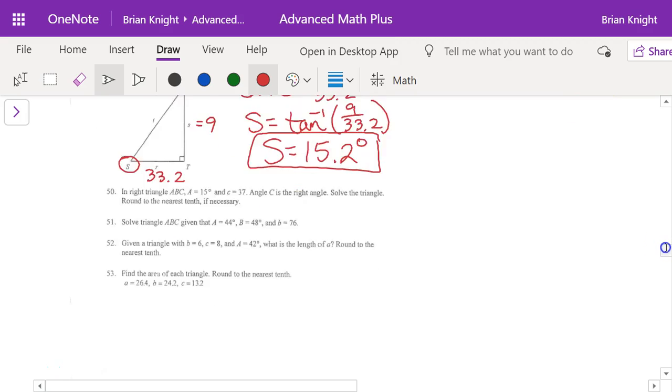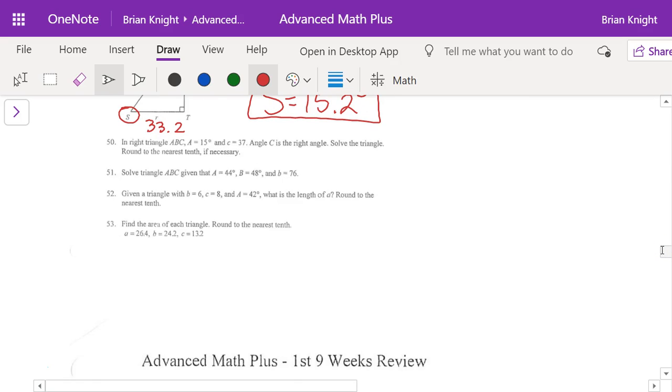Almost done. Number 50 says in a right triangle ABC, as soon as it says that, I'm going to draw it because it helps to visualize it. It tells you C is the right angle.